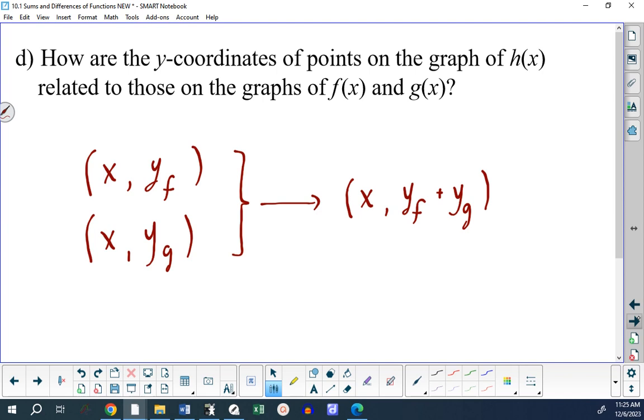In the past, prior to me thinking of a way to communicate this, I would have just said this. And as far as it goes, that's fine, except it doesn't really tell you that the x coordinate is staying the same. You're looking at a single value of x and adding the y coordinates.